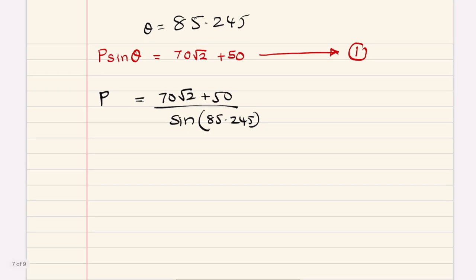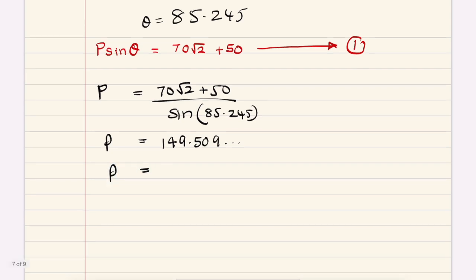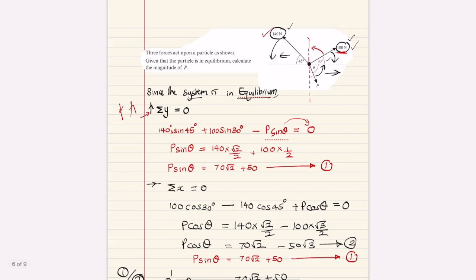My answer is going to be 149.509. We'll give the answer to 3 significant figures, because normally you need to give the answer to 3 s.f. So it's going to be 150 newtons. So that's the magnitude of P.